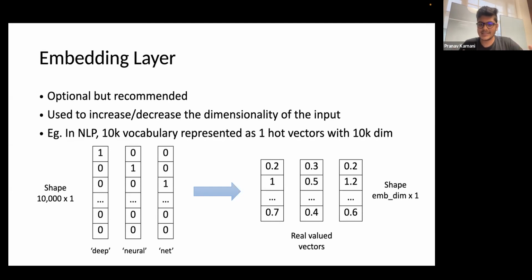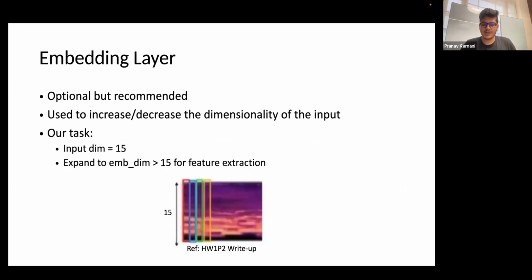These text embeddings can be of various shapes. You can design CNNs as per your liking. You can also get some influence from your previous homework, homework 2P2, about how ResNets worked, and a ConvNeXt block. You may simply put in a ConvNeXt block or a ResNet block to see what happens. There would be a lot of experimentation here with the embeddings and also with the sequence model that you have.